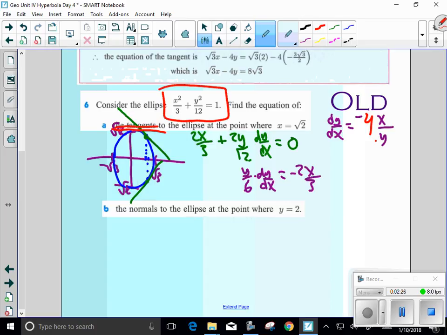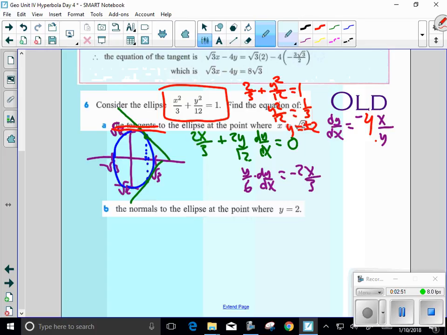Just plug it into the ellipse. So we're going to get square root of 2 squared is 2. So 2/3 plus y squared over 12 is equal to 1. So 1 minus 2/3 is 1/3, so y squared over 12 is equal to 1/3. Do you see how y squared is going to be equal to 4? y is going to be plus or minus 2.